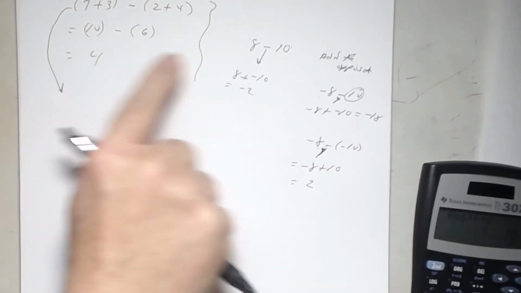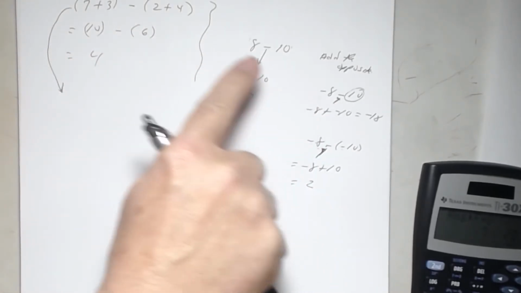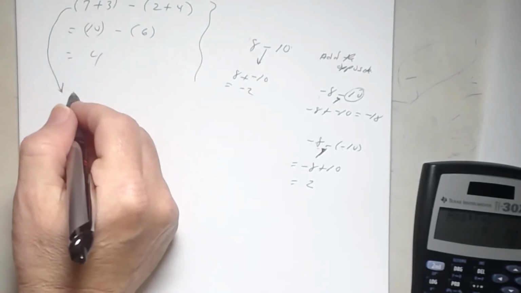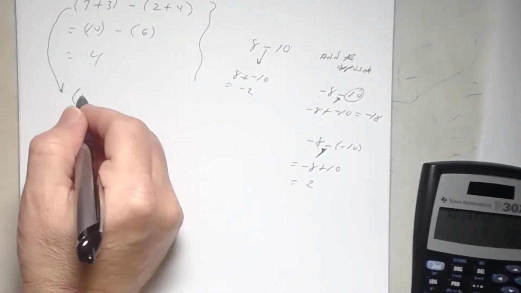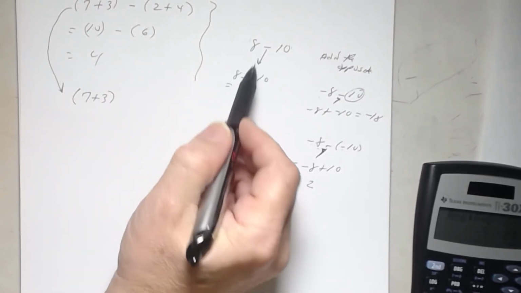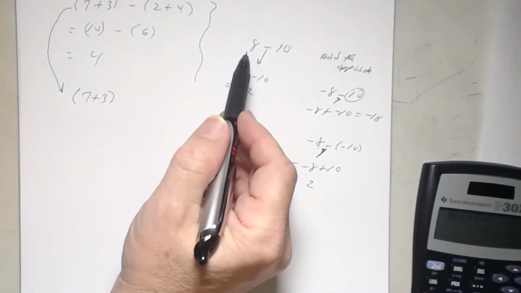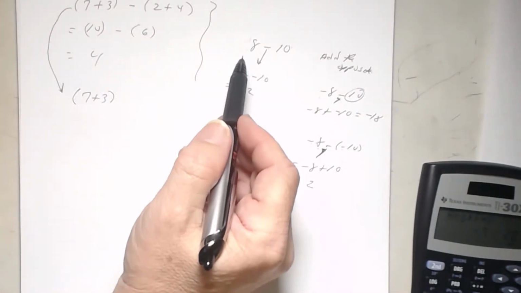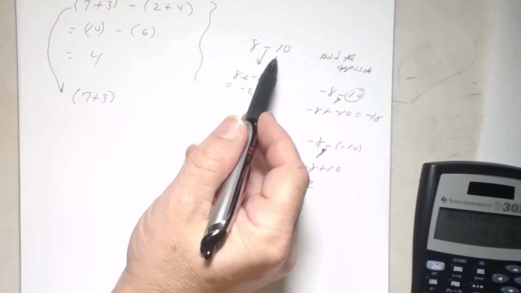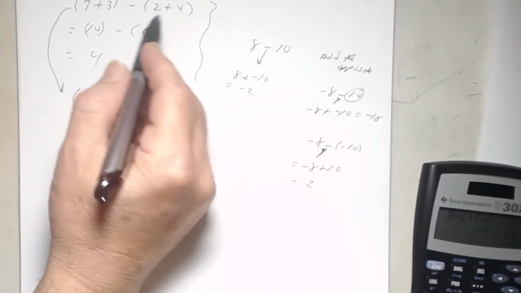So you're going to use this idea that we just talked about, adding the opposite. But do y'all agree that this is the same thing as this? I want you to make sure you understand this. This is the same thing as saying 7 plus 3. Because remember, when we changed this to addition, we kept the first number the same. We took the opposite of the second number, right? All right. So that's what this is right here.